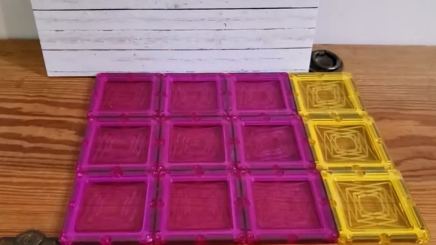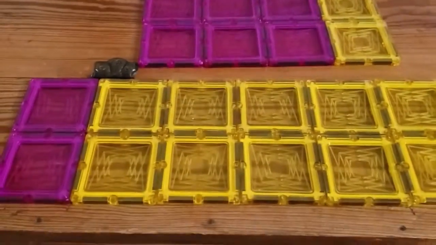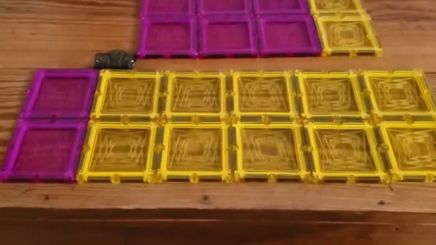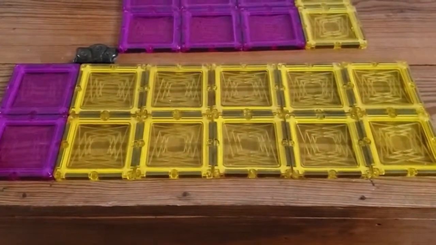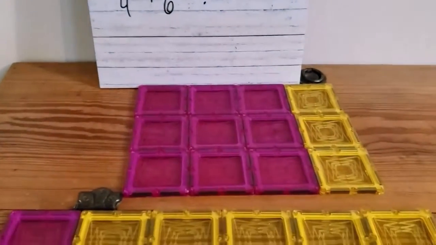Now we have the same whole for the top fraction as we do the bottom fraction. We have 12 tiles up top and 12 tiles on bottom to represent our 3/4 plus our 1/6.